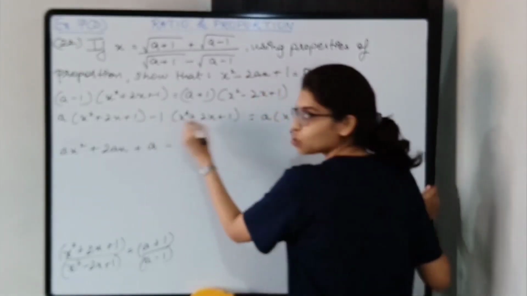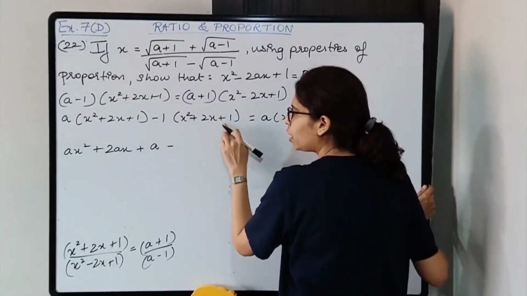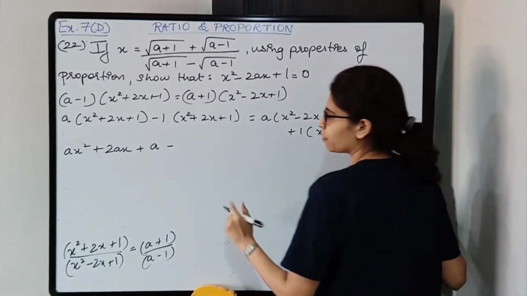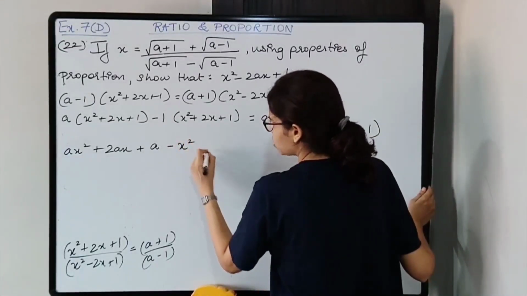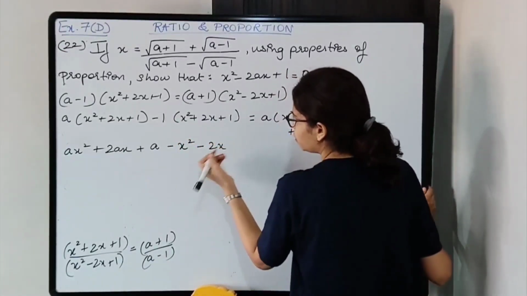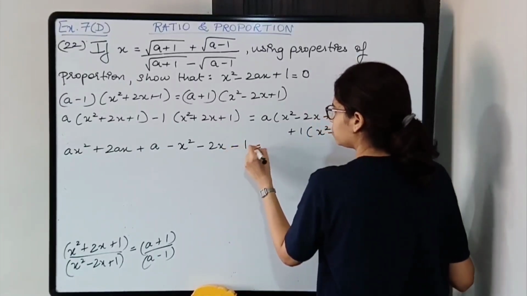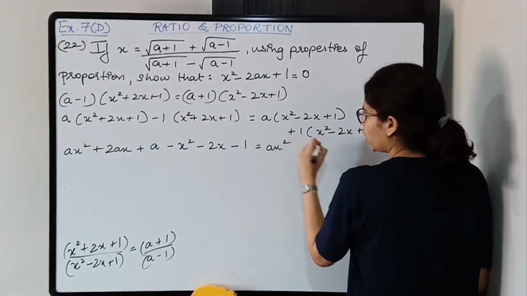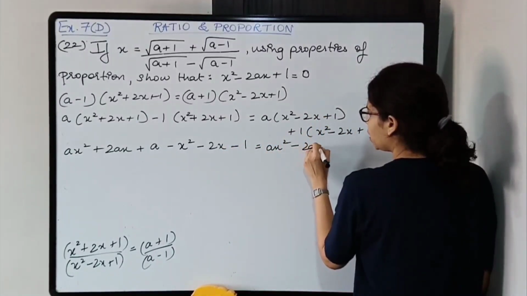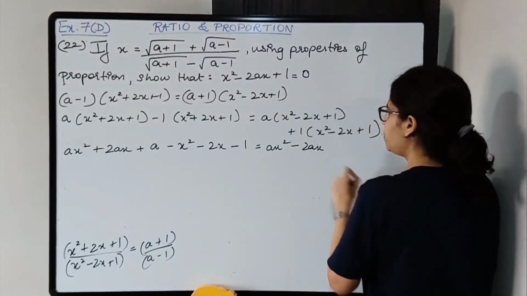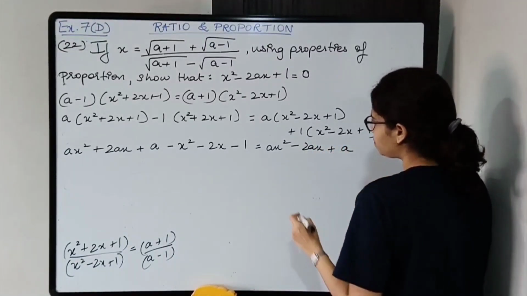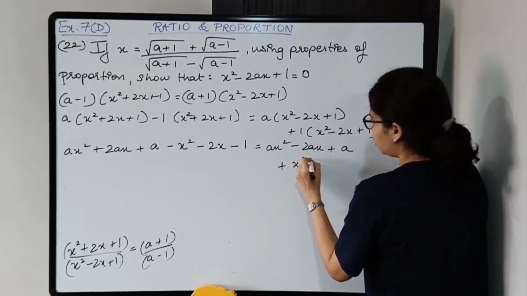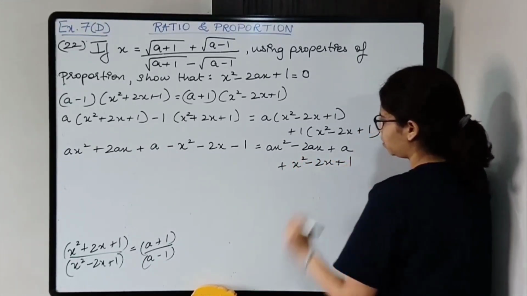Minus, signs will change over here, here there is minus, all are positive, all will become negative. So 1 into x square, minus 1 into 2x, 2x, 1 into 1, 1. ax square minus 2ax, again writing in alphabetical order, plus a plus x square minus 2x plus 1.